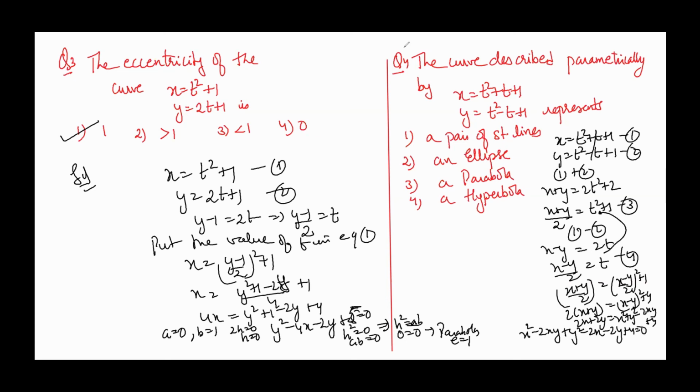Now there is an option of pair of straight lines. For that we have to check delta. Now I'm just comparing the values of this equation, what do I get?